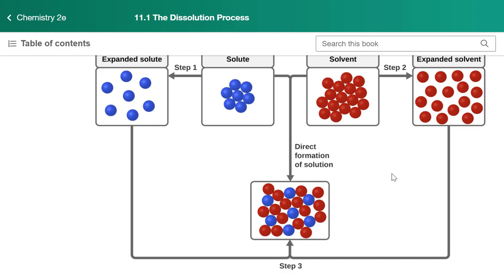What that means is that if there is a difference between the solute and the solvent, they might not form a solution very well. And that difference we're talking about is based on similarities in the intermolecular forces between the particles. So if the intermolecular forces between the particles are not similar, you might not get a solution.